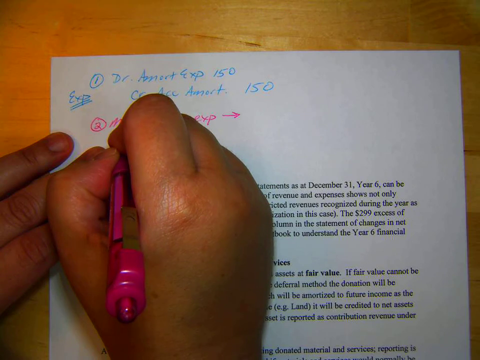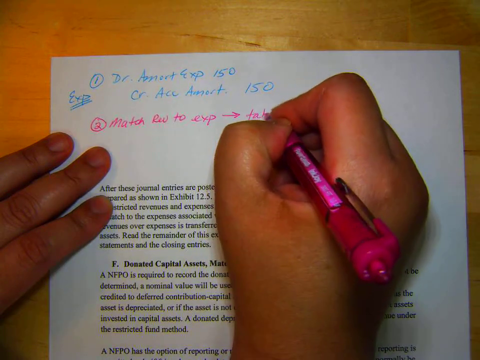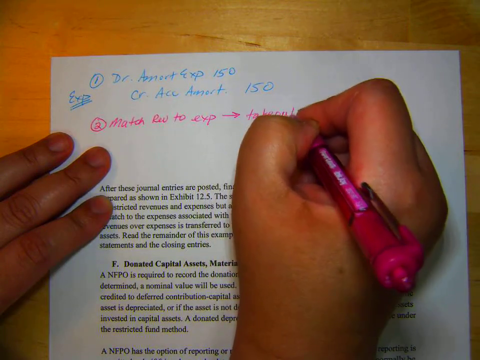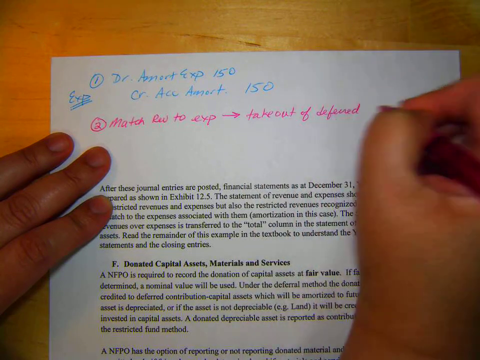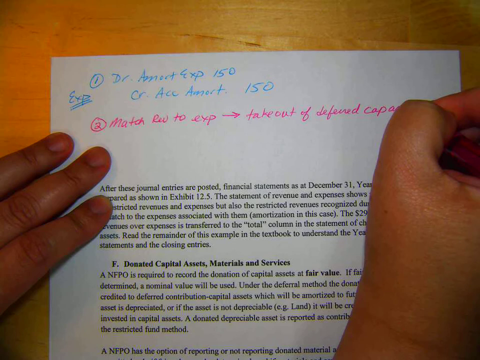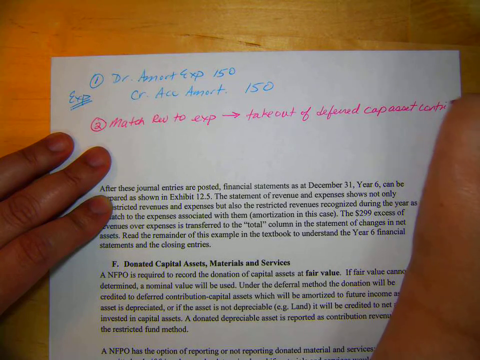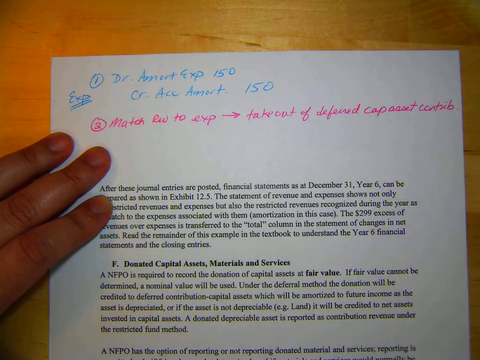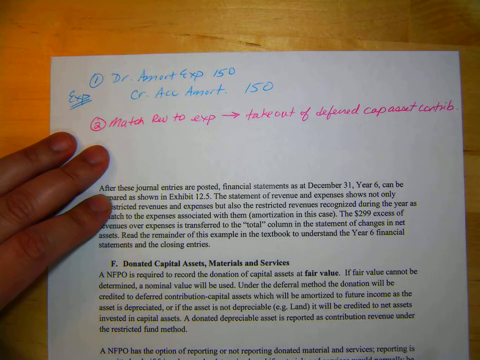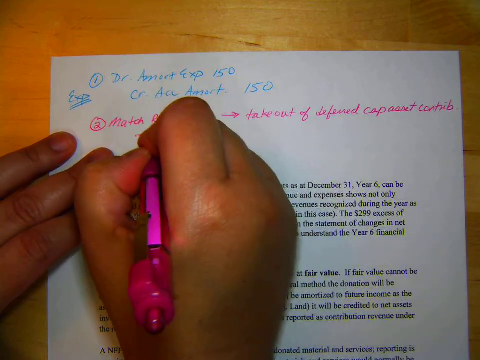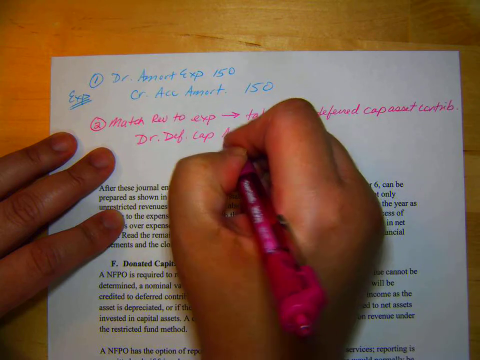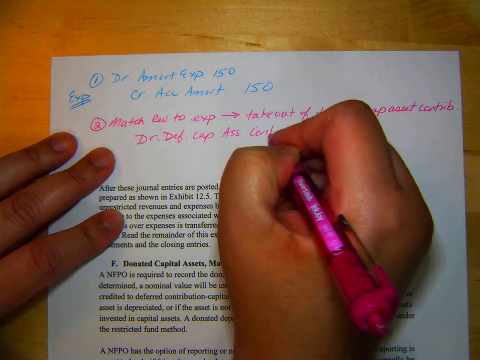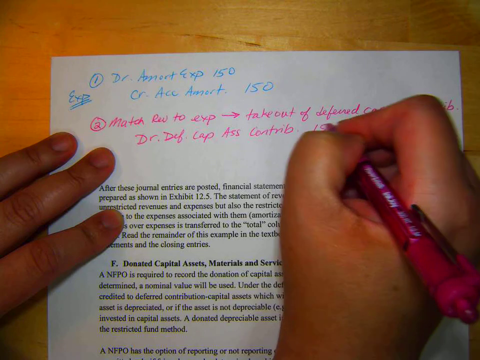And we're going to take it out of deferred capital asset contribution. So we're going to debit deferred capital asset contribution for 150.